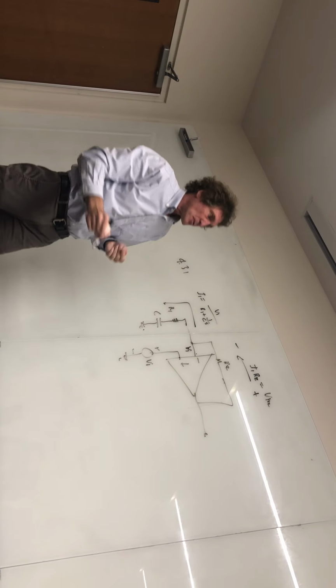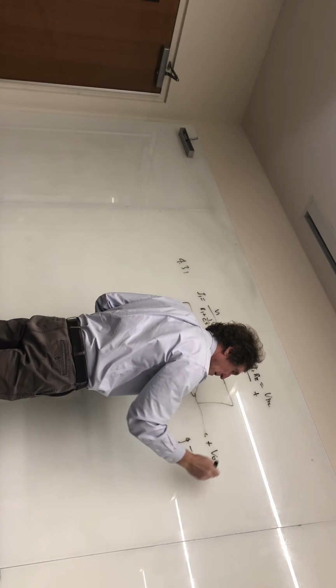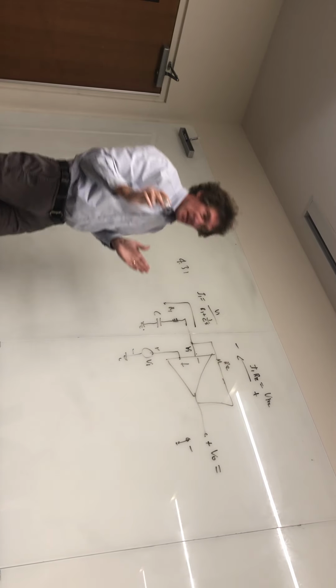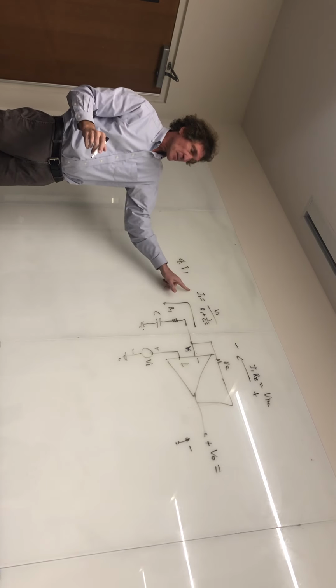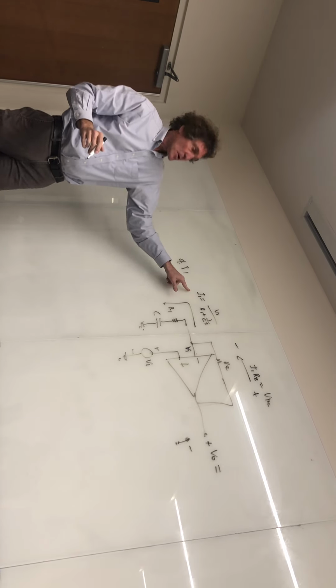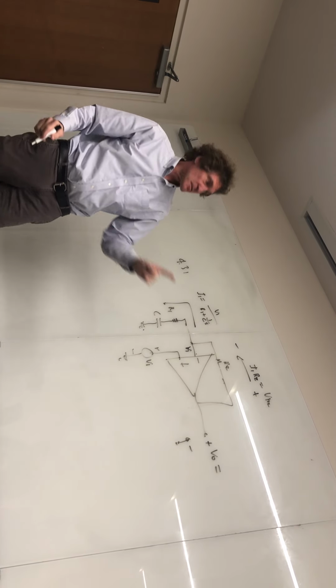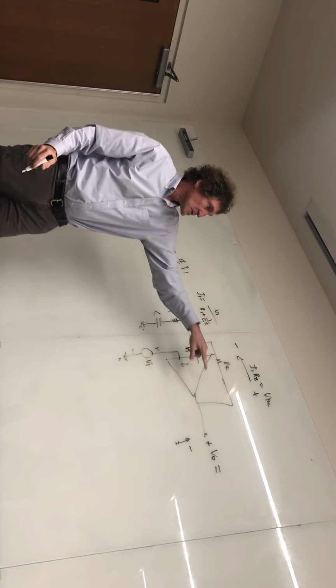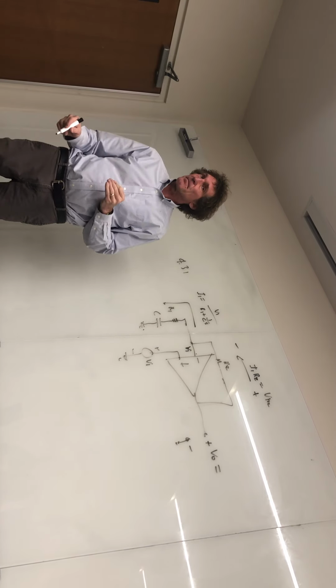Now if I want the output voltage right here, here's what I'm going to do. If you just think about this, this should make sense. I'm going to take this current and multiply it by this impedance plus this impedance, because the voltage from here to here is really the current times the net impedance. Does this make sense to everybody?